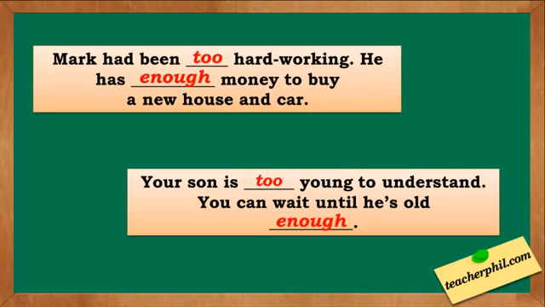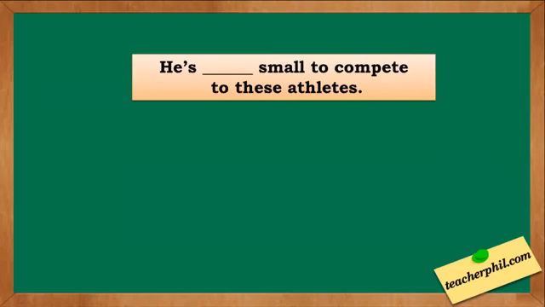Your son is too young to understand. You can wait until he's old enough. The fourth one, he's blank small to compete with these athletes. The correct answer is too. He's too small to compete with these athletes.